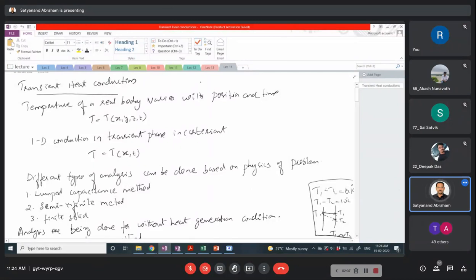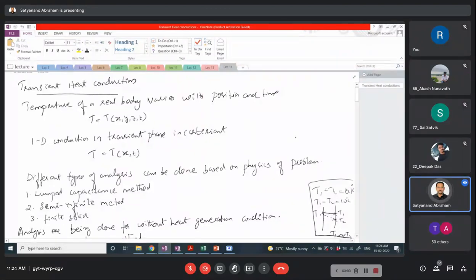So in the last class, we started with the transient heat transfer mechanism, right? Transient means there is a change in the temperature with time. So till now, for the one-dimensional slab or steady state condition, we assumed that the temperature profile within the surface is constant.